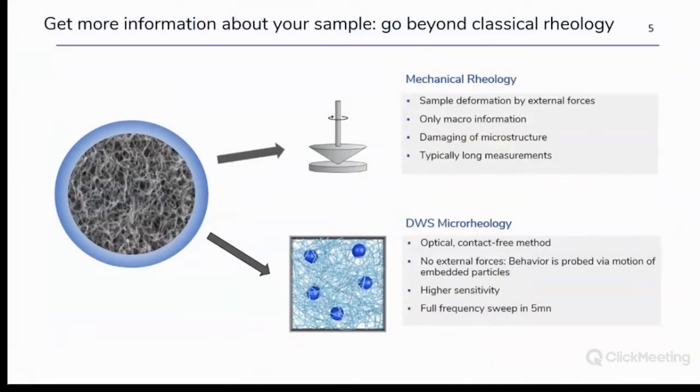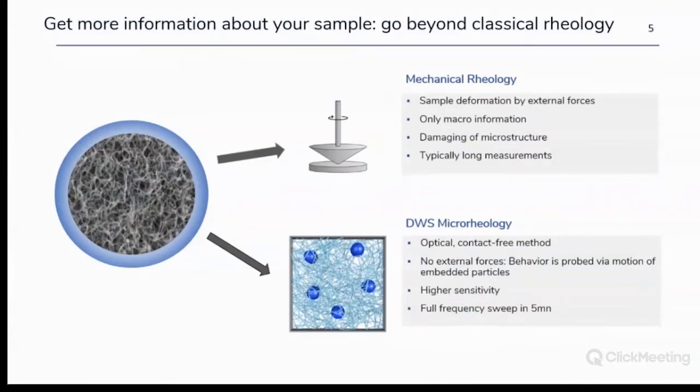Another feature of mechanical rheology is that many times, in order to acquire a meaningful set of data, the measurement has to last quite some time. Also, each time a measurement is done, if we want to measure another sample, we will have to dispose of the old sample and reload.